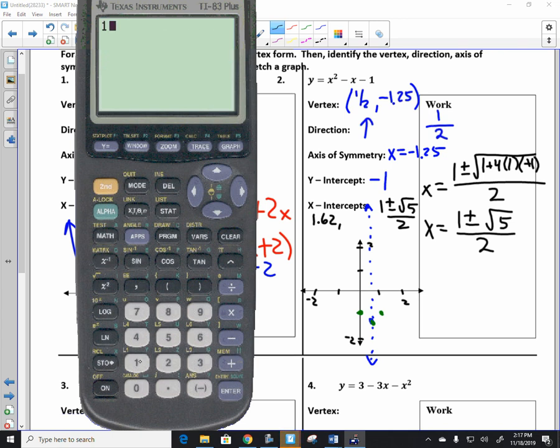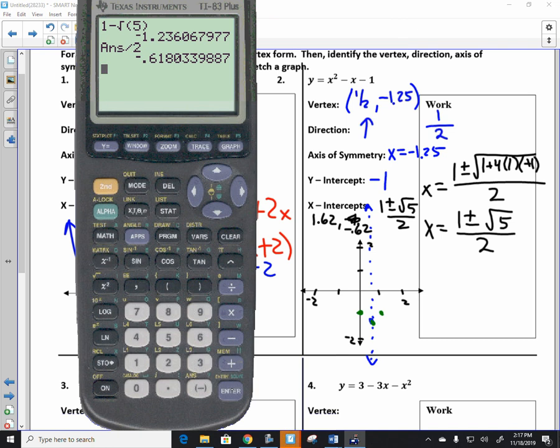We try 1 minus the square root of 5. Enter, and then divide it by 2. You can plot those, 1.62 and negative 0.62. And sure enough, that's your shape.